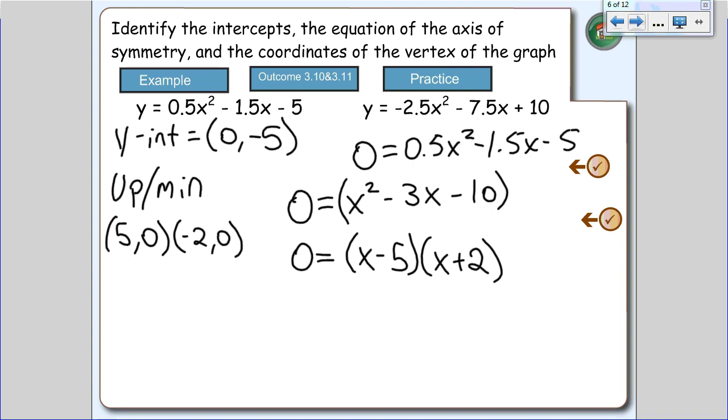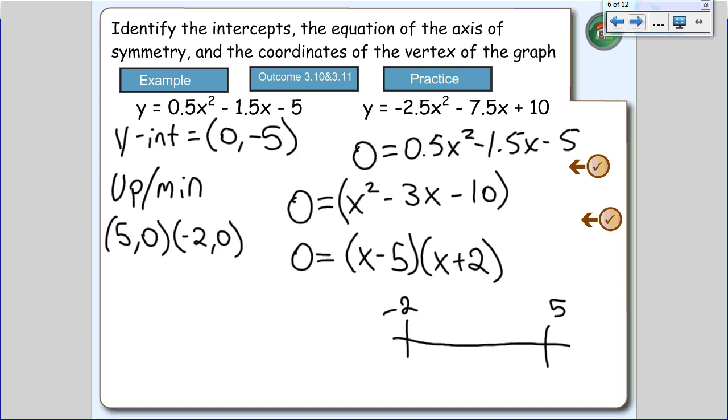Where's our axis of symmetry? Close. Draw it out. If you're all the way up here at 5, all the way here at negative 2, and I kid you not, this is how I sometimes do it, start counting in one at a time towards each other.